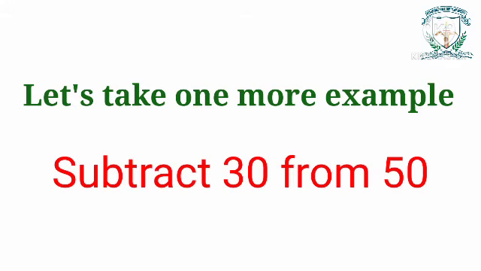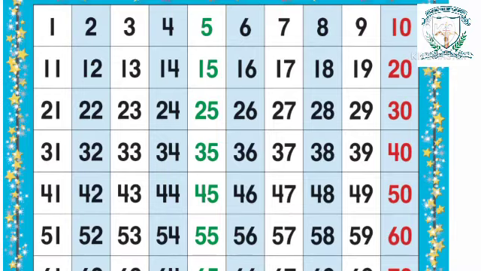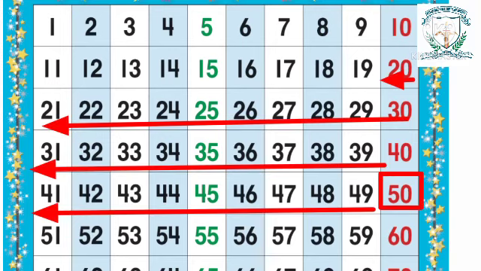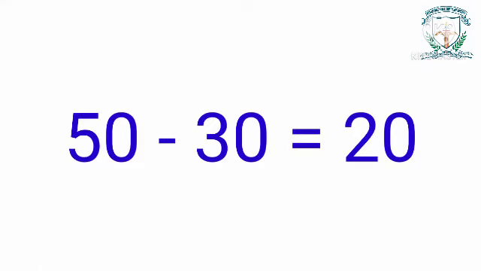To subtract 30 from 50, here we have to move 30 steps backwards from 50 to reach 20. That is, from 50 to 40, 40 to 30, 30 to 20. So, 50 minus 30 is equal to 20.